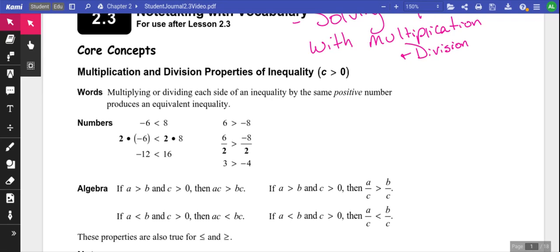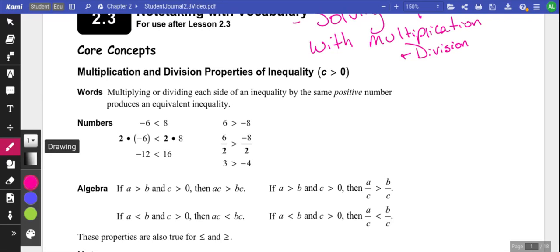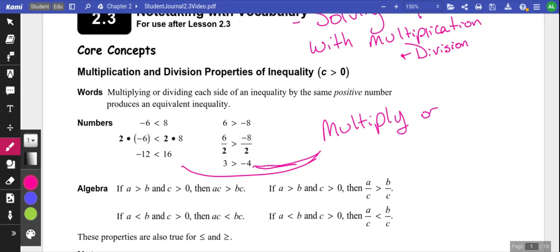This is all about making, just like yesterday, equivalent inequalities. So we know, just like when we have equations, in order to get an equivalent inequality, we want to multiply or divide by the same value.